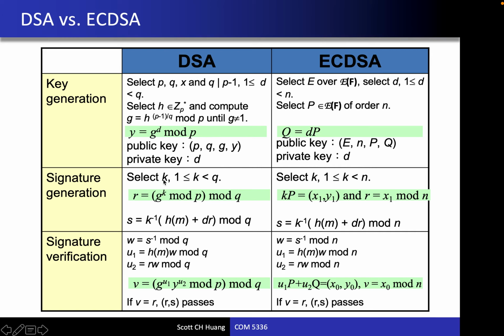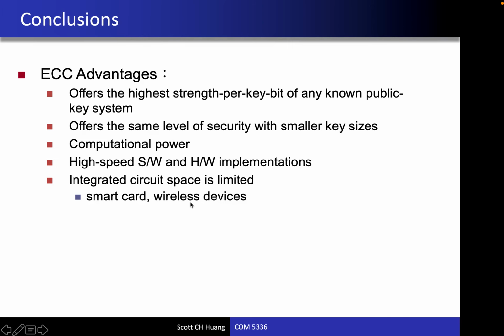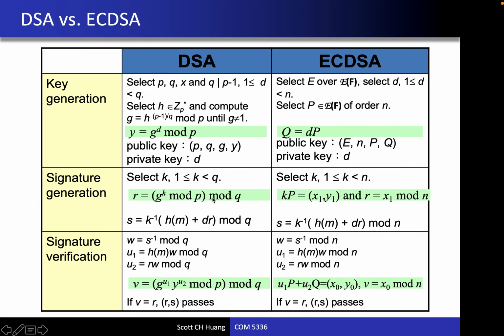For signature generation, we select a random number k, and in DSA, r is g to the power of k, mod p, mod q. Now in ECDSA, we do kG, which is a point, so we can't do mod p mod q. It doesn't matter; we can only do mod n because the order of the group is n.